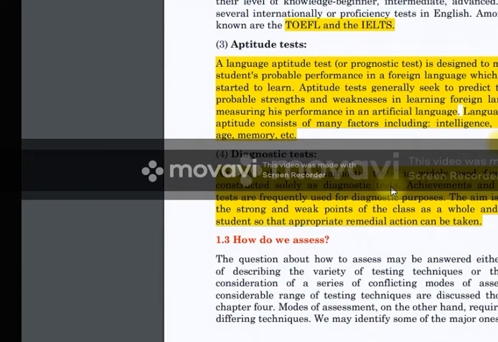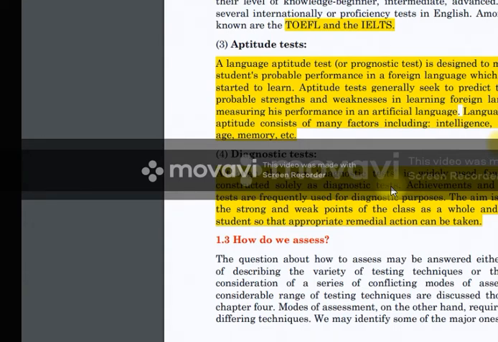Depending on many factors, such as intelligence, motivation, age, and memory. So the type of test to be conducted, called aptitude tests, should include language elements and skills that reflect what?